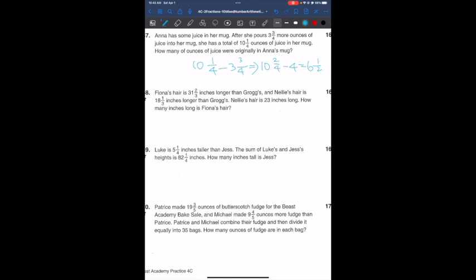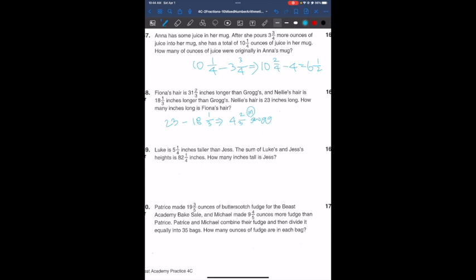So Grog's hair is going to be 23 minus 18 and 1/3, which is 4 and 2/3. So Grog's hair is 4 and 2/3 inches long.